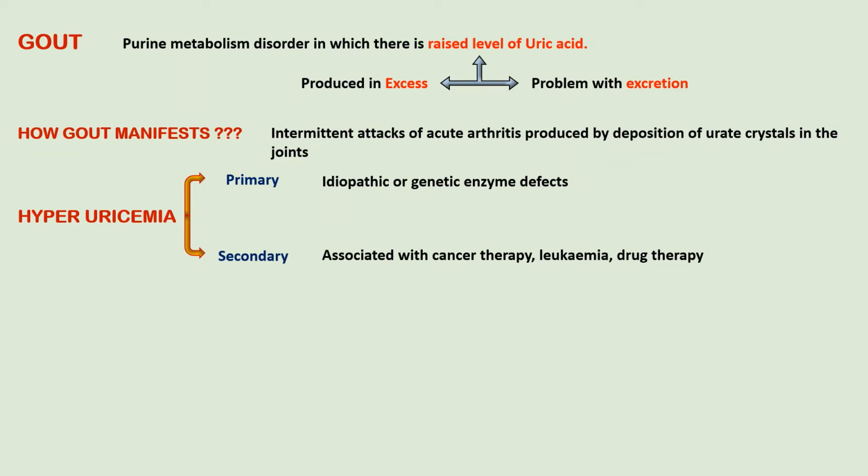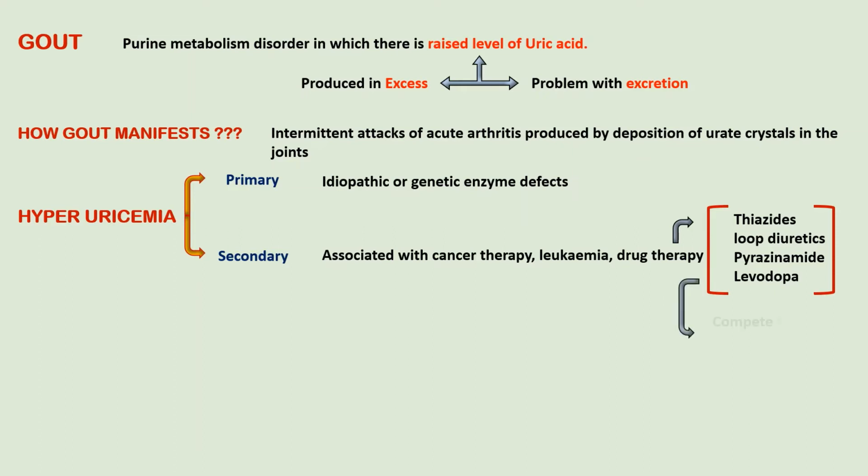Then the next cause may be drug therapies like thiazide, loop diuretics, pyrazinamide and levodopa. Like uric acid, these drugs are weak acids. So they will compete with the urate secretion on the secretion pump in the kidney, mostly in the proximal convoluted tubules.